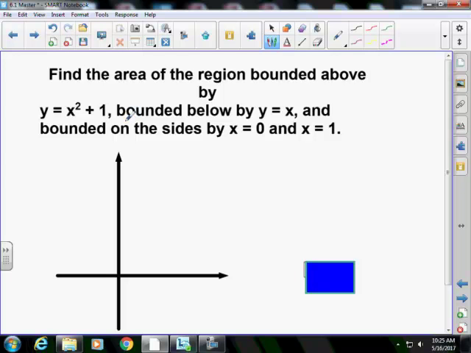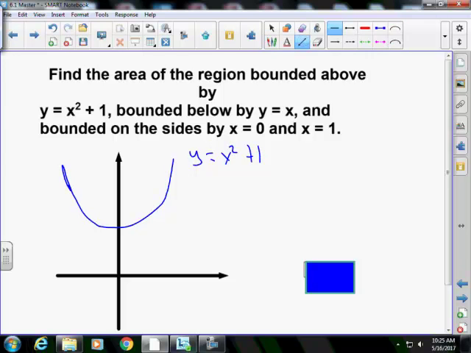So given the function, we're just going to sketch this. We should know that y equals x squared is a parabola like this. So we're going to call this y equals x squared plus 1. And then we need the function y equals x, which is just a line through the origin, such as this.